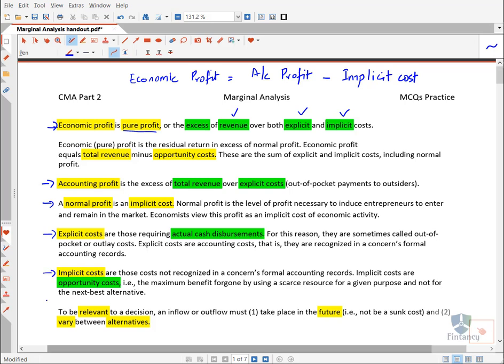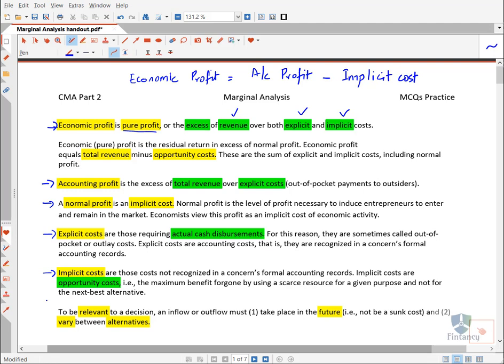Implicit cost is opportunity cost. What is opportunity cost? It is the maximum benefit which you forego by using a scarce resource for a given purpose and not for the next best alternative. Now if you remember, we have a topic in CMA Part 1, okay, which is called RI, residual income, okay?